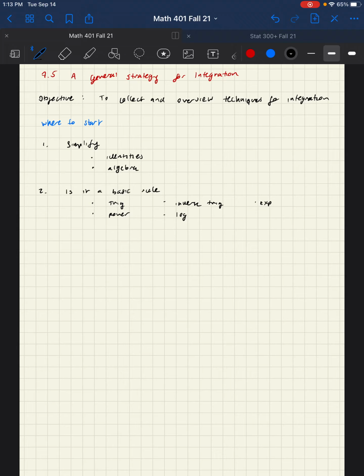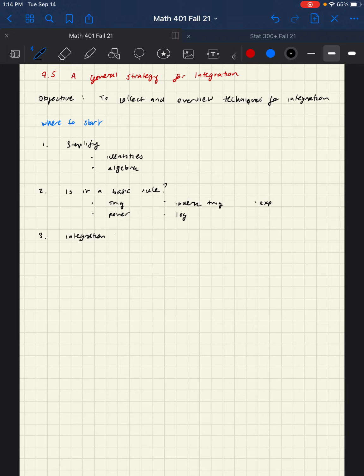There's a list of 20 or so integrals that we know how to handle, for instance the integral of tangent of x dx. That sounds obvious, but sometimes you don't see that until you start simplifying.